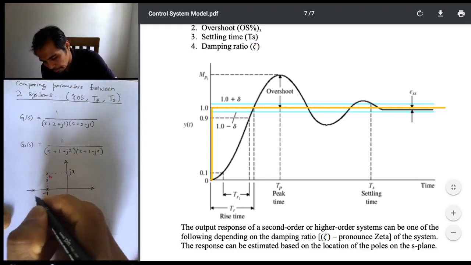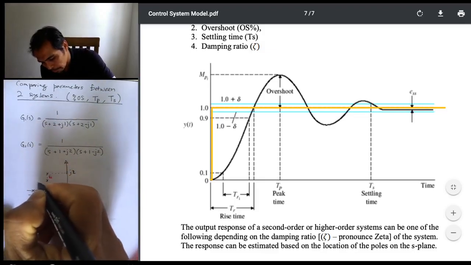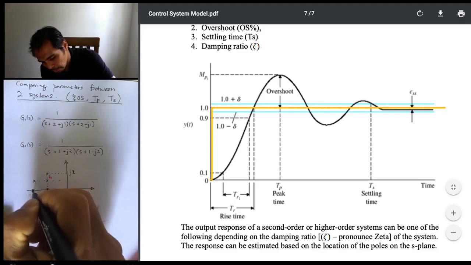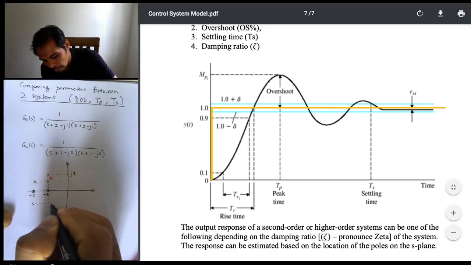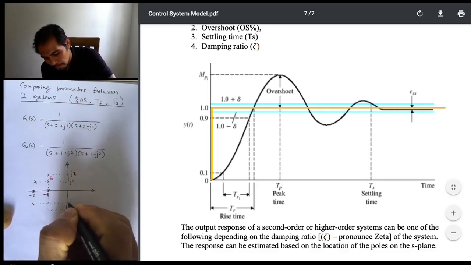There's another one, G1, at minus 2 here, and then 1 here.